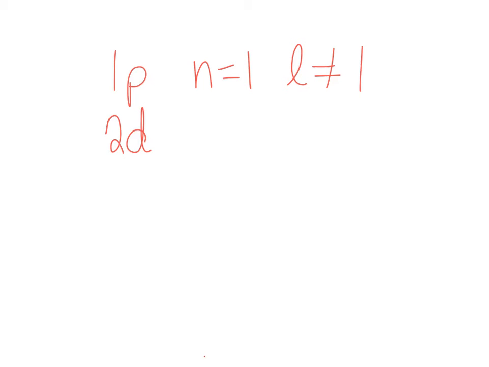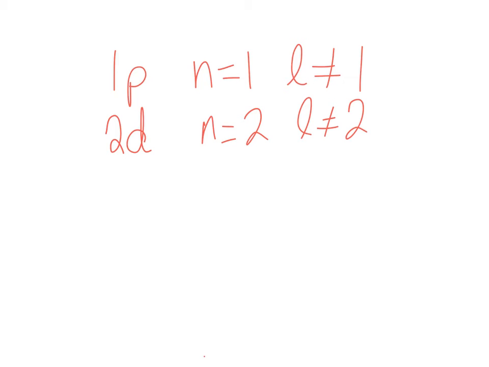Okay, why is there no 2d? Because n would be 2, and then L would have to be either 0 or 1. And then ML would have to be -2 as the lowest it could be, and then +2 as the highest it could be, and that doesn't work.